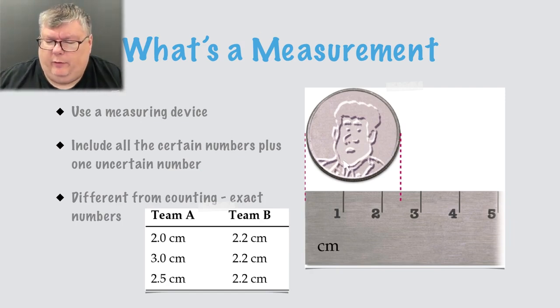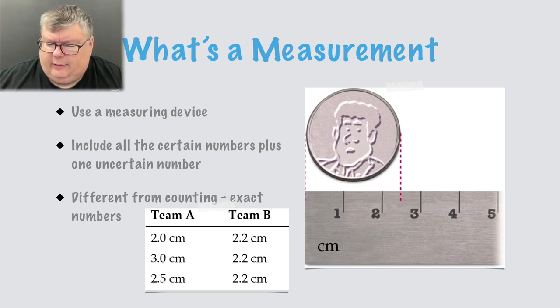So here we have a coin with what looks like Bill Clinton on it, and it is certain that it is past the 1 and it is past the 2. It is not certain where this digit is here. So Team A says they're measuring it at 2.0 centimeters, directly on the 2.